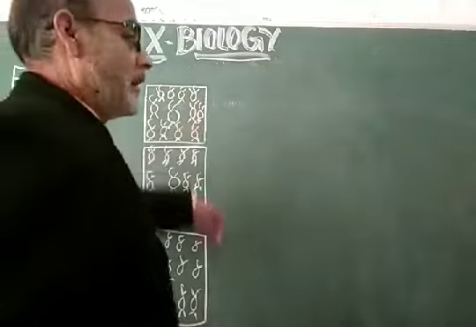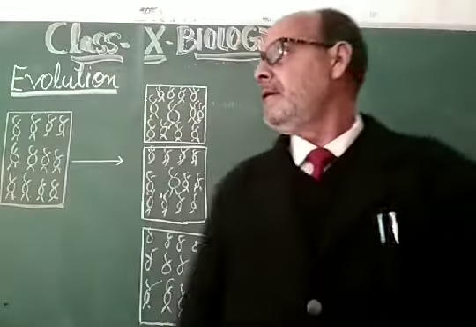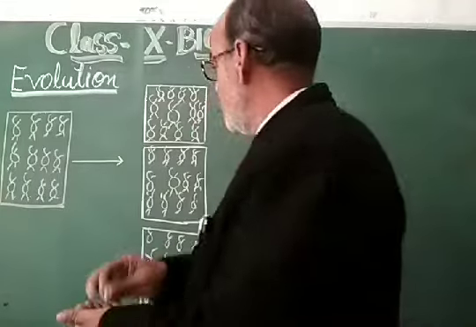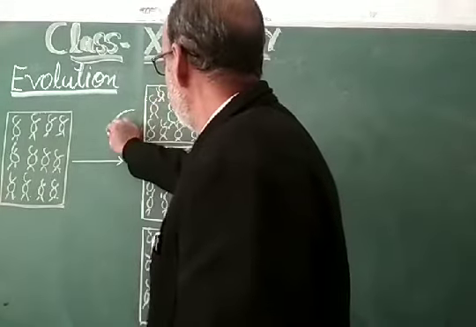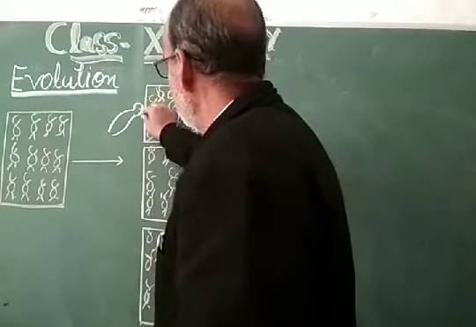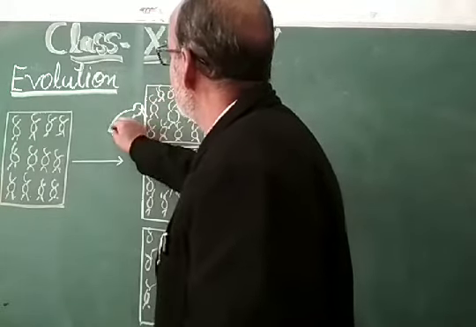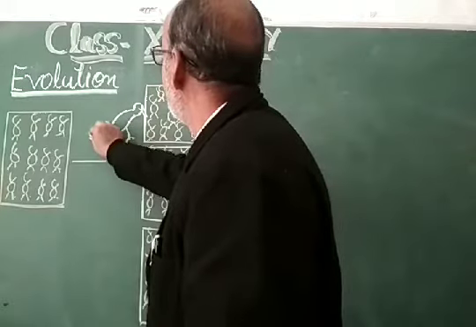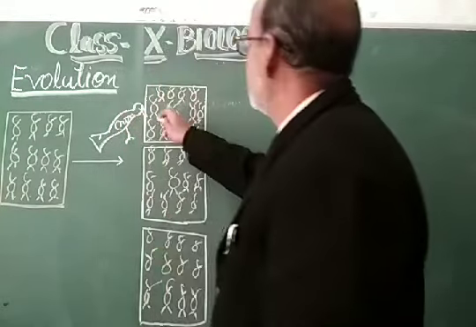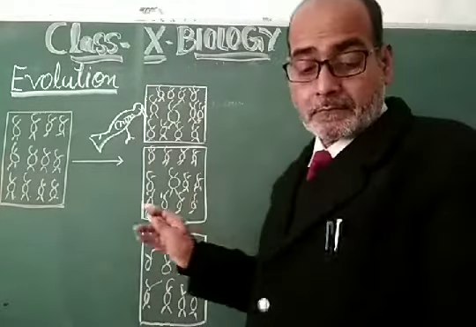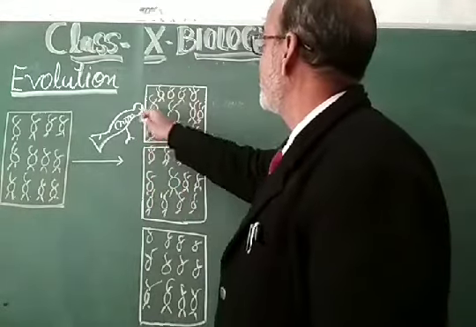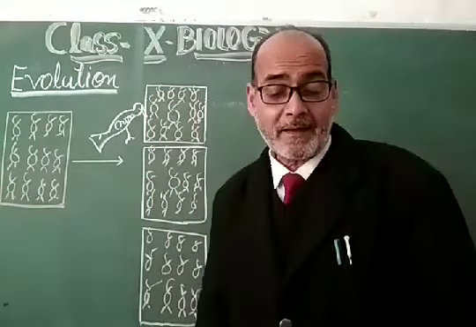If a crow is hunting these beetles, you can indicate a crow here which is going to hunt. So in this case, the red beetle gets hunted by the crow.